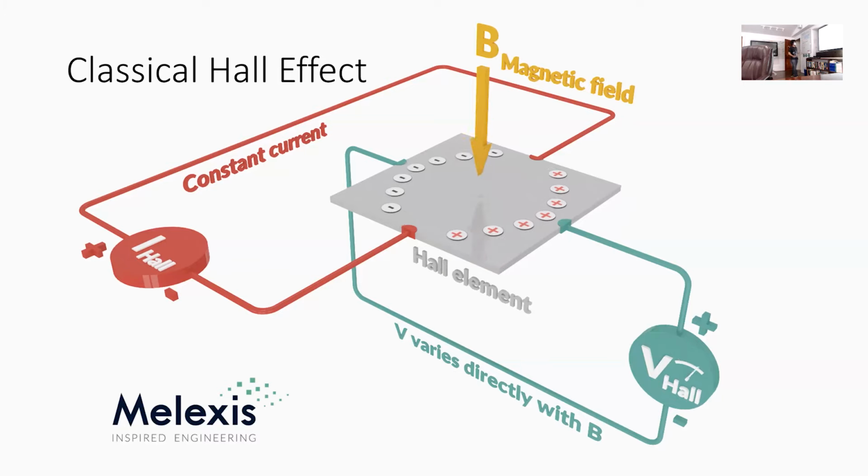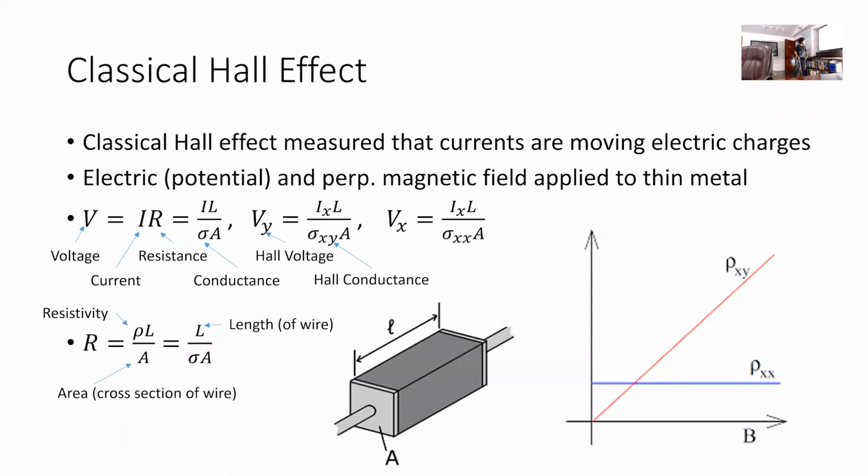To see what's going on here, we understand that through the Lorentz Force Law. So in this classical Hall effect, you're going to have this electric potential and this perpendicular magnetic field. And what you're actually going to measure is the voltage, but a voltage in the transverse sense.